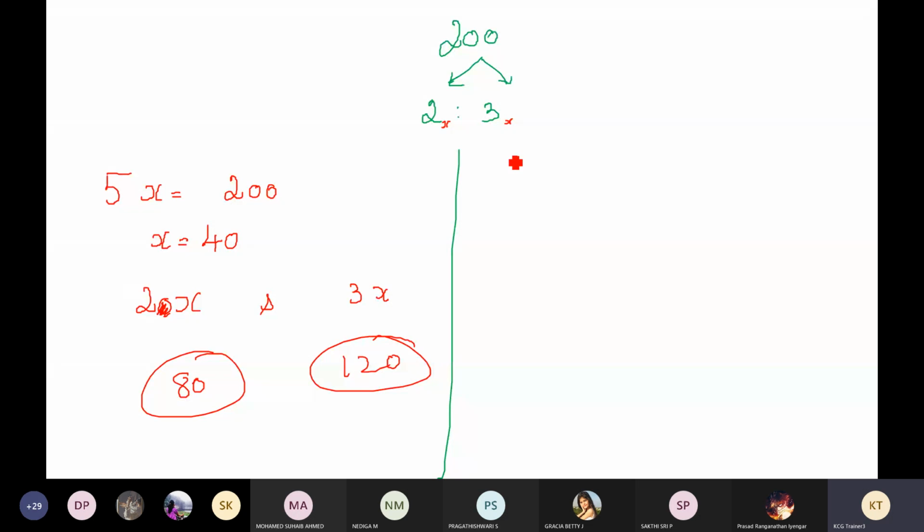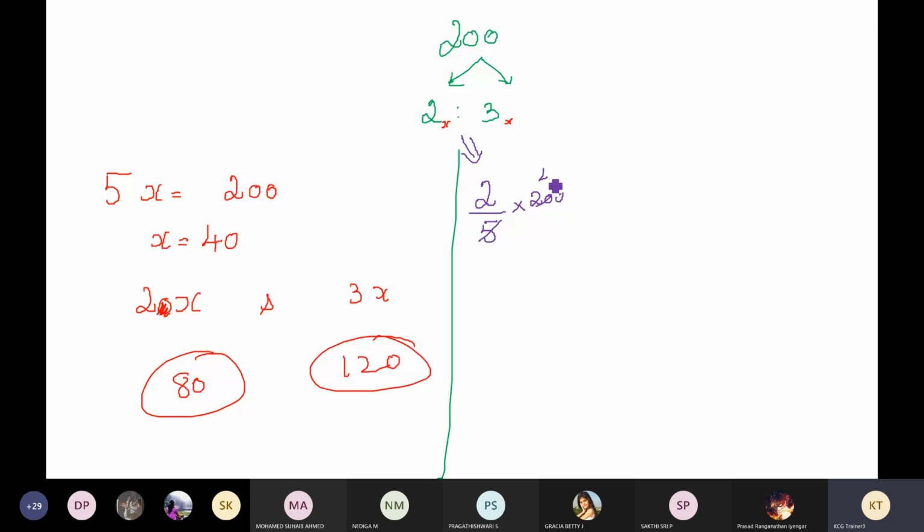Correct. But from now on, I want you to do it this way. You should directly find the answer rather than finding 5x and then finding 2x and 3x separately. For this value, it is 2 out of the total 2 plus 3, which is 5, into 200.